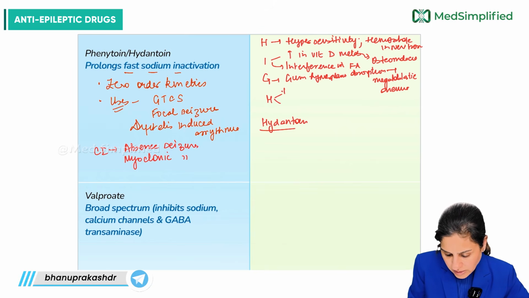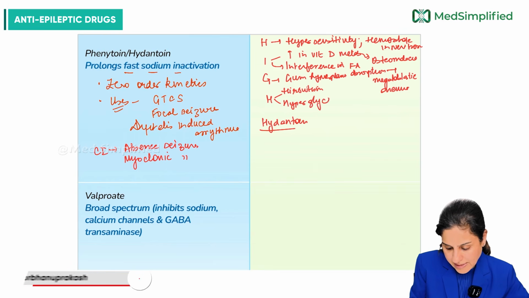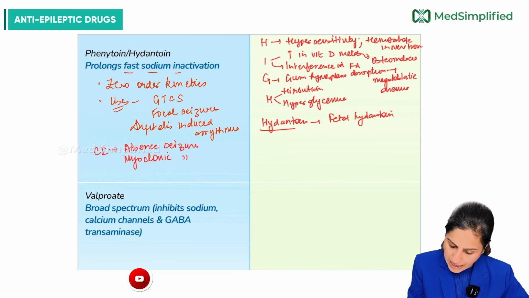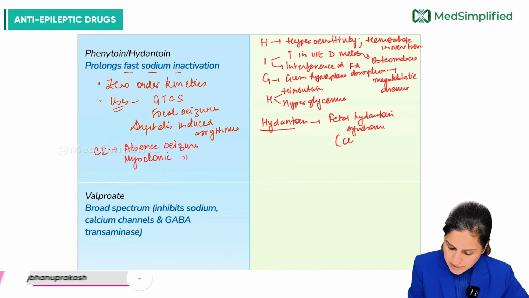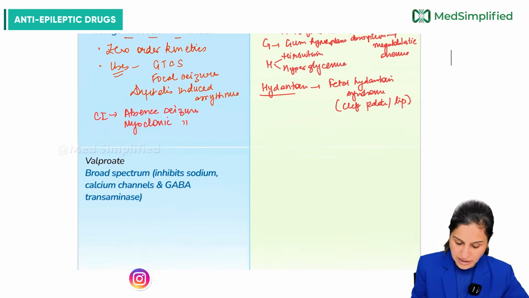H, hirsutism, and another H stands for hyperglycemia. Hydantoin stands for fetal hydantoin syndrome. The hallmark here is cleft palate or cleft lip. So these are the important points about phenytoin.